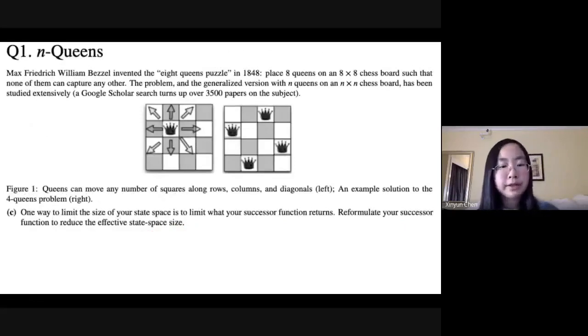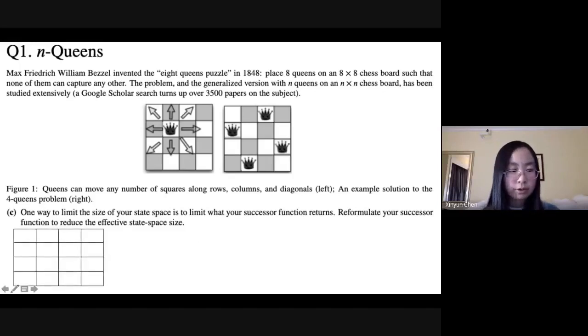Let's look at part C. Part C is asking us how we could reformulate our successor function to reduce the effective state space size. Earlier, when we designed the successor function in part A, for each state we could still put another queen in arbitrary positions, ignoring the moving rules.